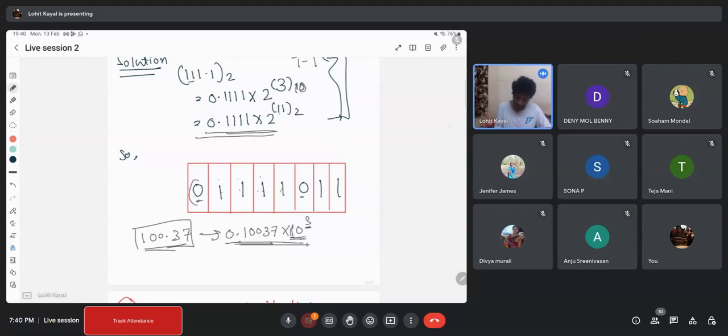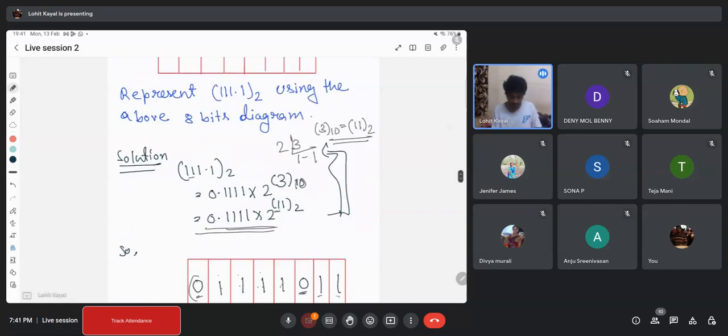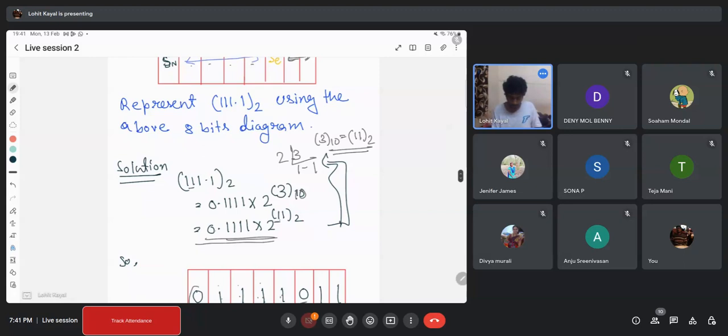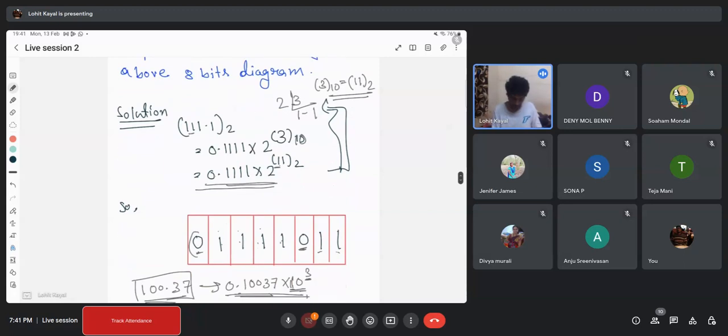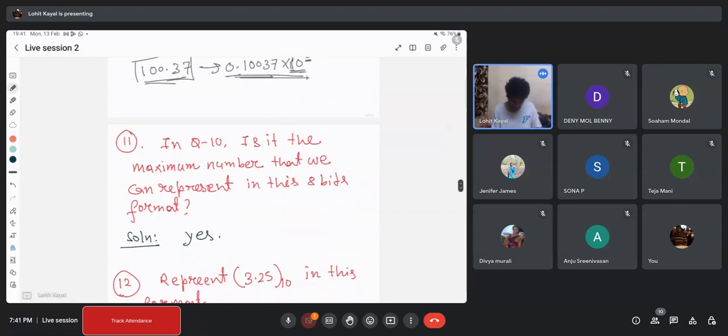Then 0 will appear here, because this is the sign of the exponent. And here this 1 1 is the expression for the exponent. So I hope this is clear by now. Still, if you have any doubt, you can ask me.